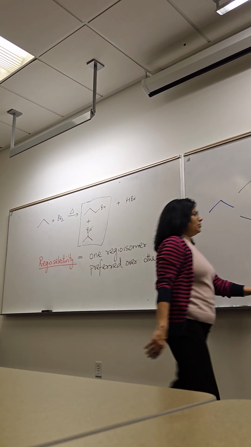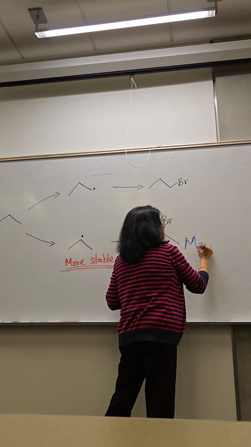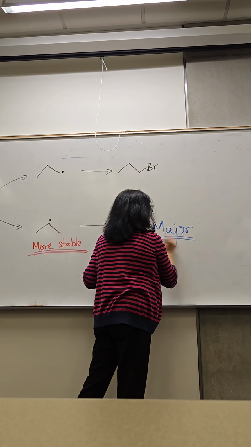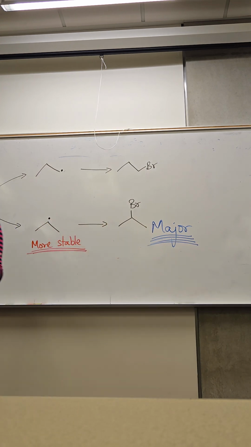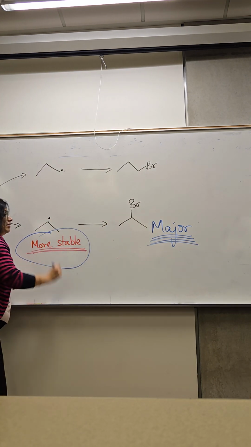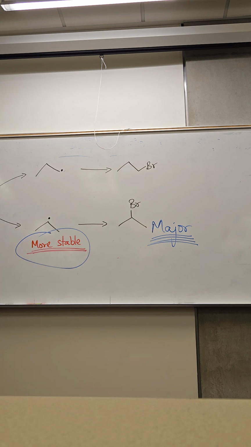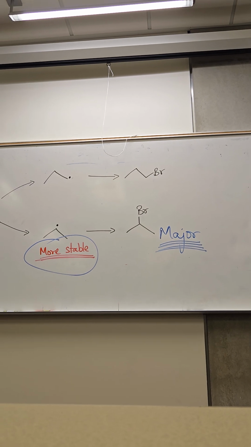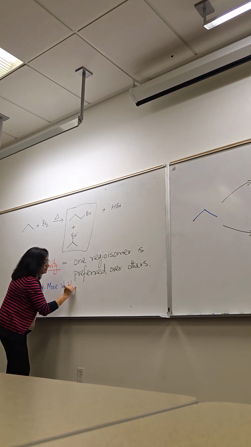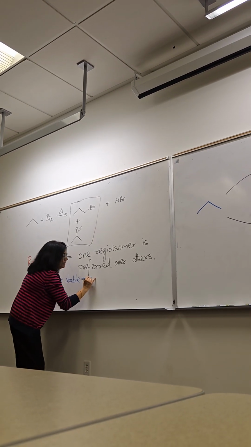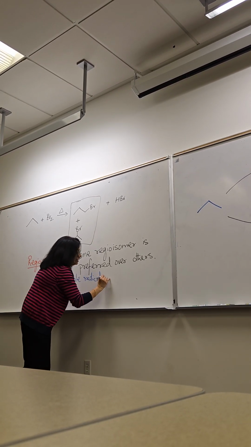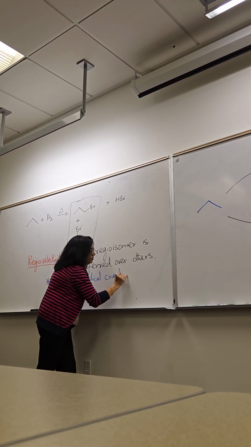In this example, that will be the major product, meaning created in greater quantities, because it's coming from a more stable intermediate. The regioselectivity in the free radical halogenation reaction is that the more stable free radical intermediate creates the major product.